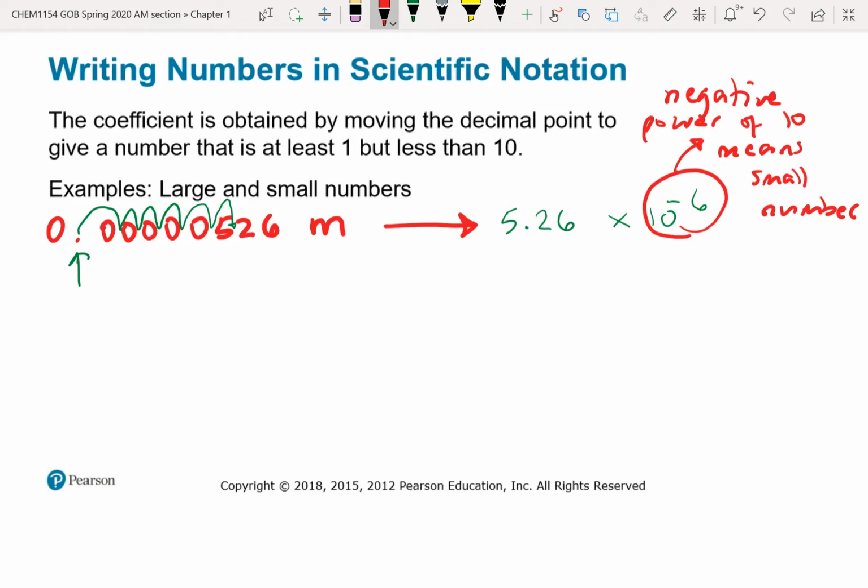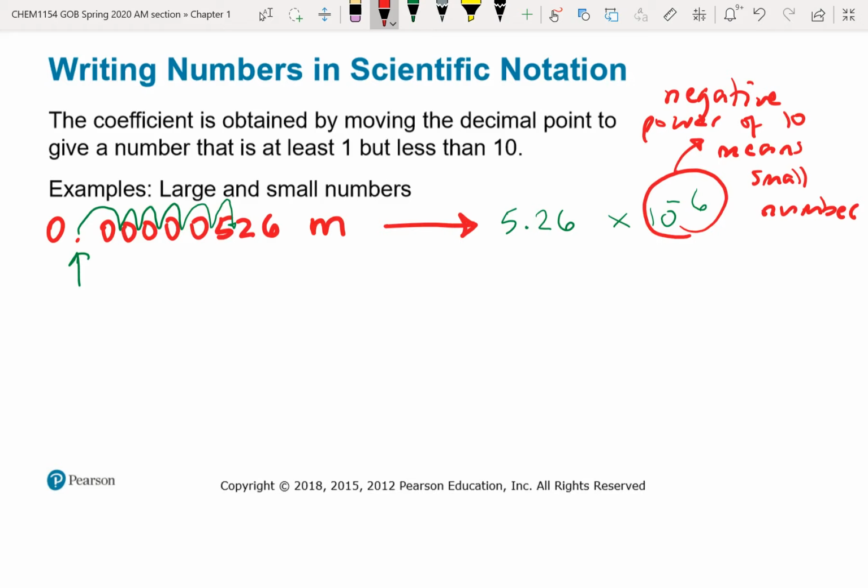Right, so it may not seem like a big deal, but when it comes to doing calculations down the road and you get an answer and you have to judge whether your answer makes sense or not, you can look at the power of 10 and really quickly say whether you're in the right ballpark or whether you're in the right range. All right, so a negative power of 10 suggests or means that the original number was a really small number.